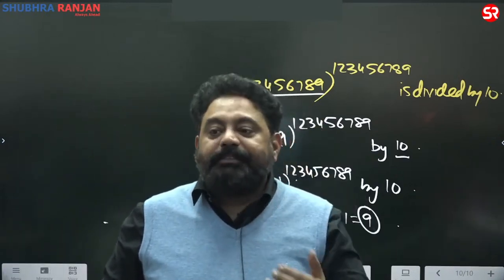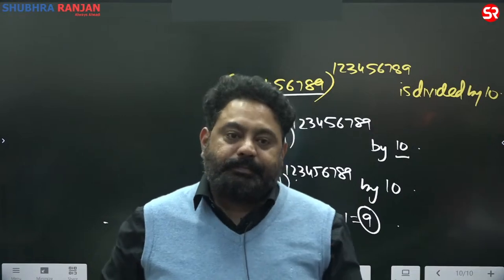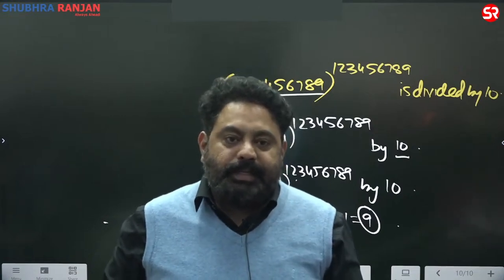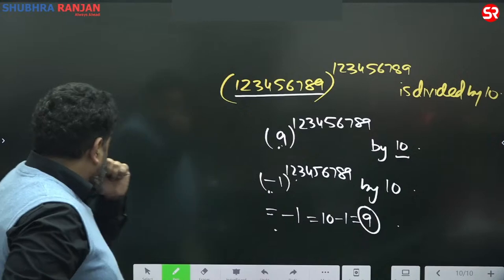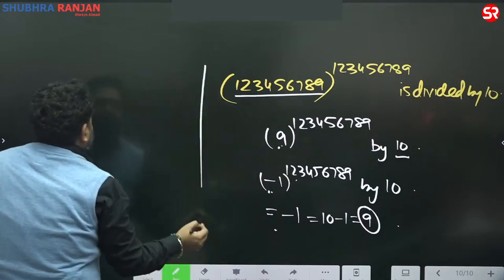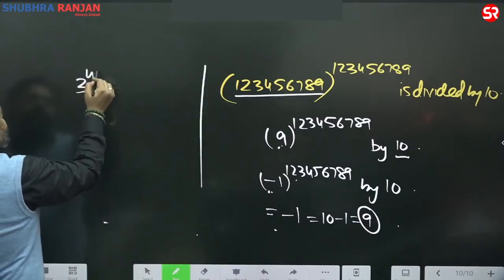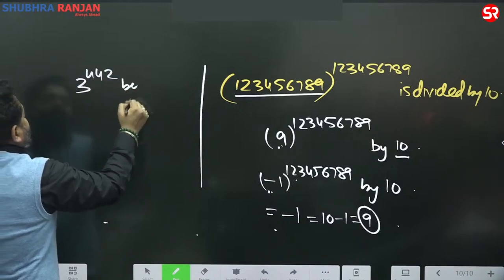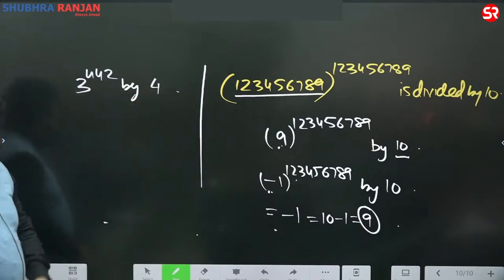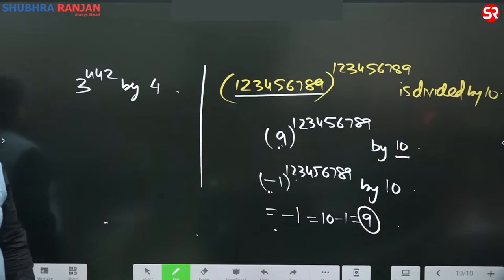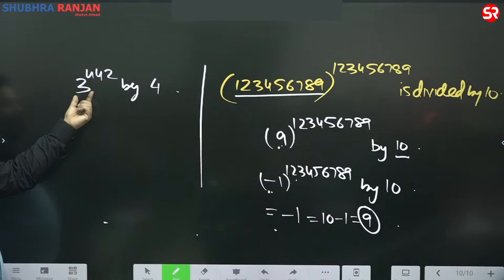Use of negative remainders is important. You directly get it. See, I say 3 to the power 442 is divided by 4. What is the remainder? Don't write it, give me the answer. 3 when divided by 4, the remainder is minus 1.